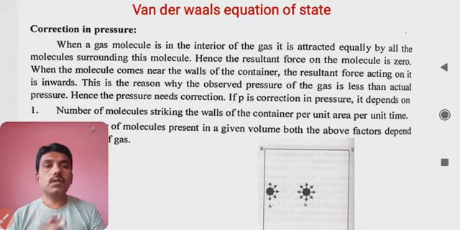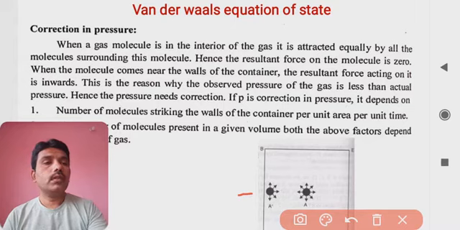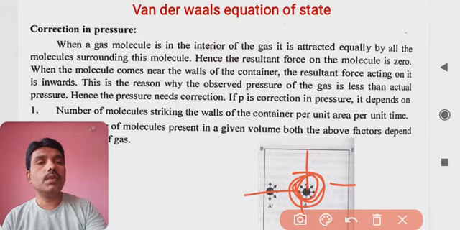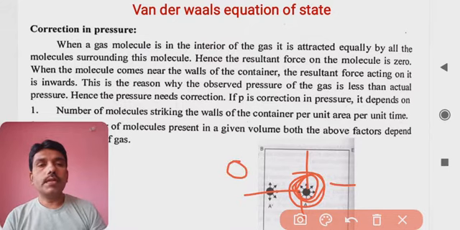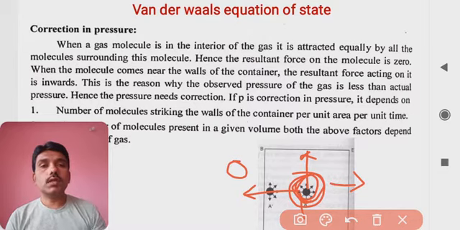If you look at the diagram given here, the molecule at the center has forces of attraction in all directions: in this direction, this direction, this direction, and this direction. So the resultant force acting on that molecule will be zero.